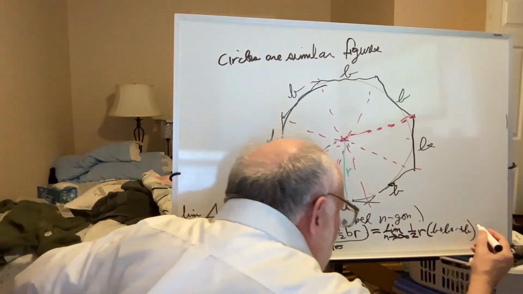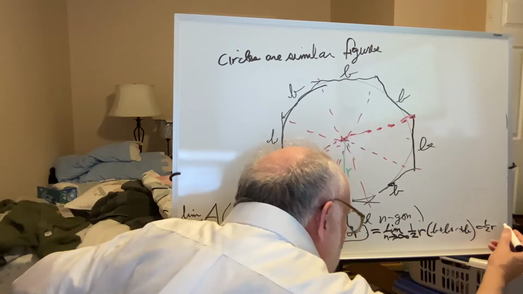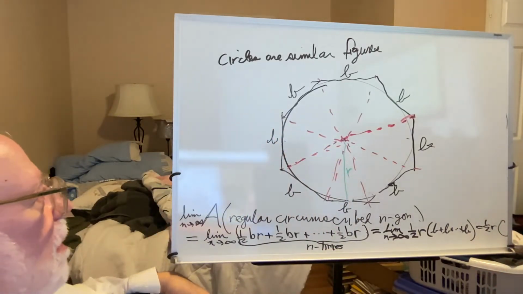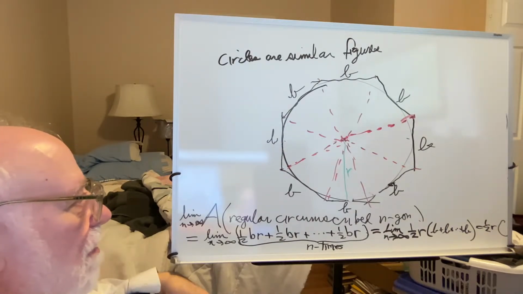So we get 1/2 R times C, 1/2 R times C. But that's going to be the area of the circle.